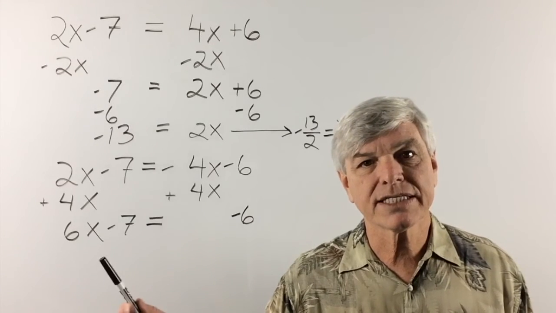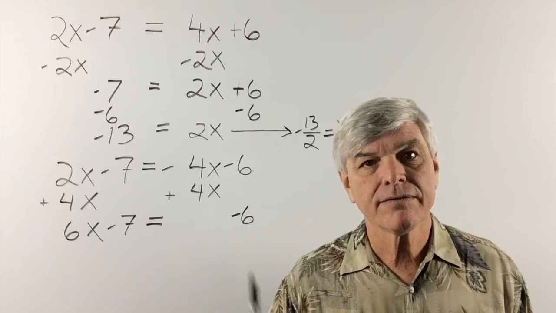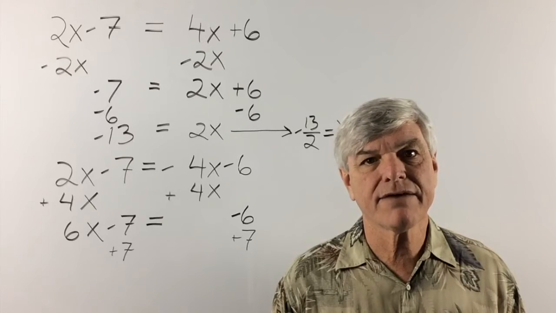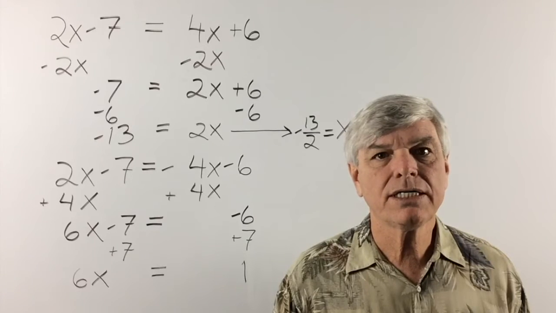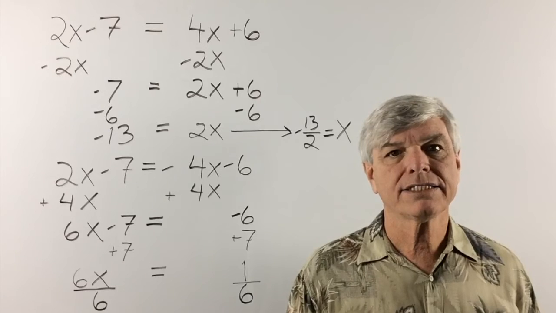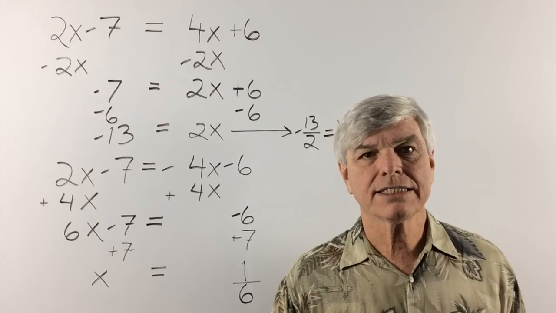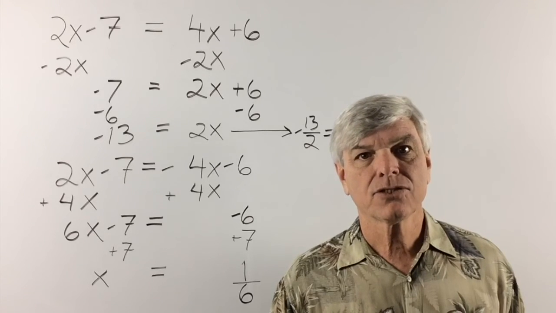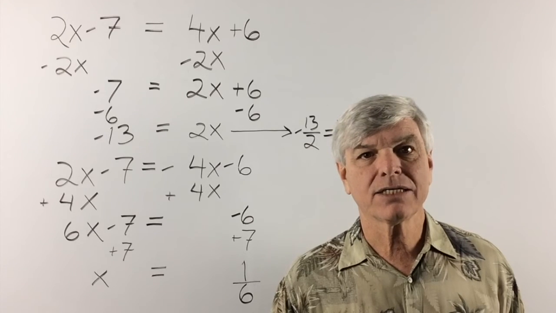And we have 6x minus 7 equals negative 6. Let's eliminate the negative 7 and bring everything down. And we're left with 6x equals positive 1. Let's eliminate the coefficient. And 6 over 6 is 1x. And x equals 1/6. So the solution to our problem is x equals 1/6.